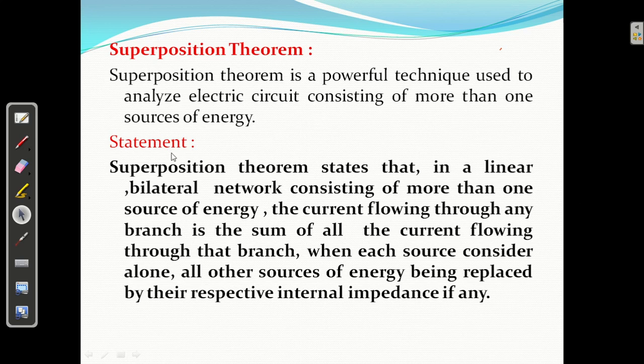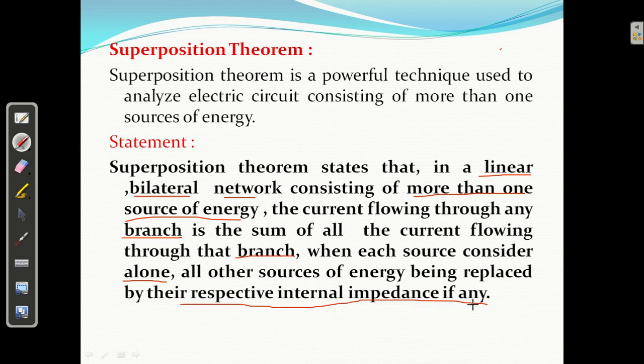What is the statement? Superposition theorem states that when applied to a linear bilateral network consisting of more than one source of energy, the current flowing through any branch is the sum of all the currents flowing through that branch when we consider one source at a time and all the other sources are replaced by their internal resistance, if any.